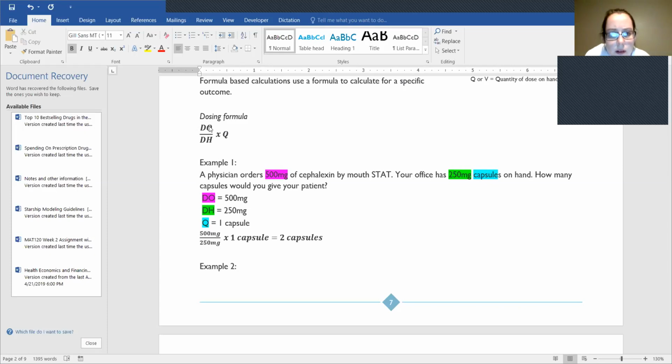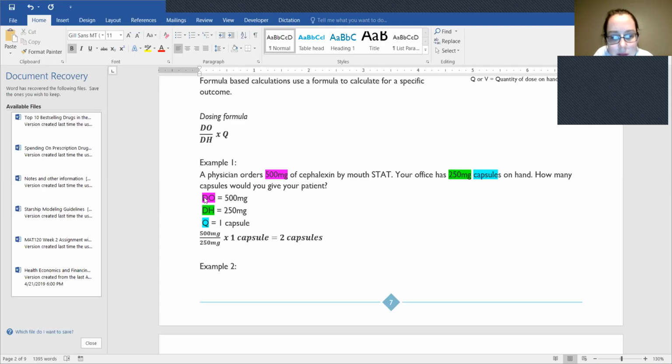So the dose ordered divided by the dose on hand times the dosage form. This could be in milliliters, or it could be a solid form, like a capsule or a tablet. So in this example, the order was 500 milligrams.